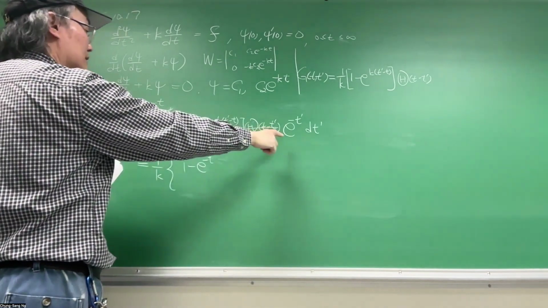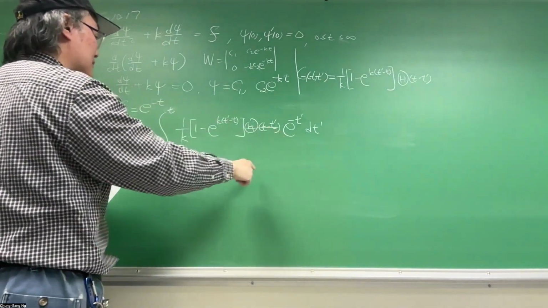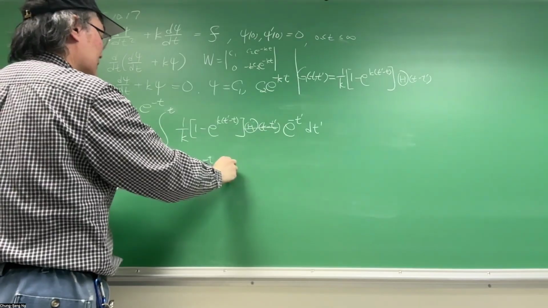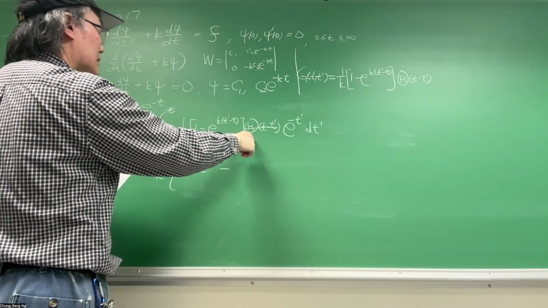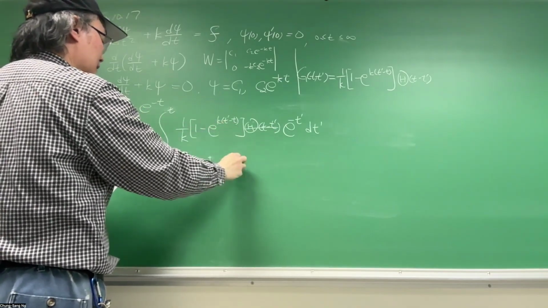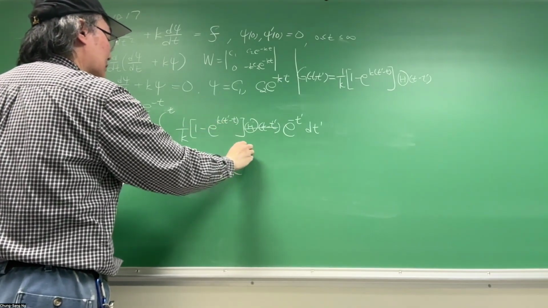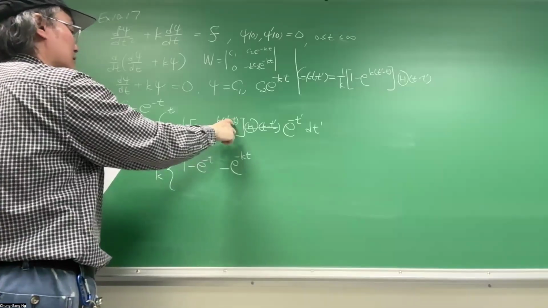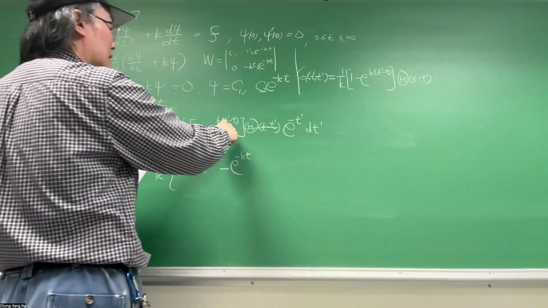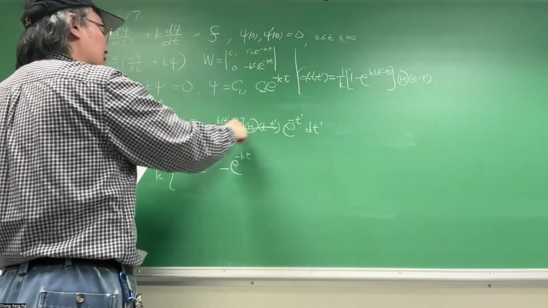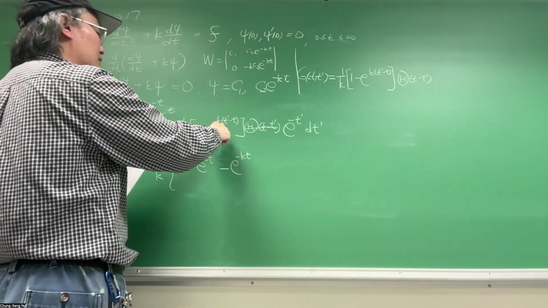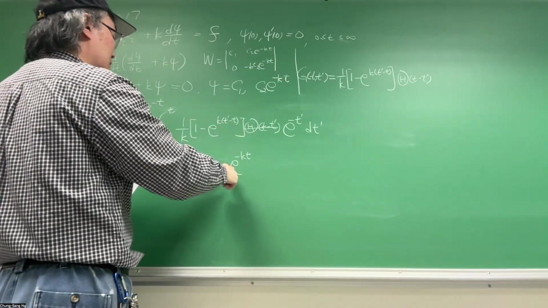That's the first term, right? That's the first term. The second term is slightly more complicated. You have an exponential factor e to the minus kt that is not included in the integration. Then the t pi is e to the k minus 1 t pi, right?